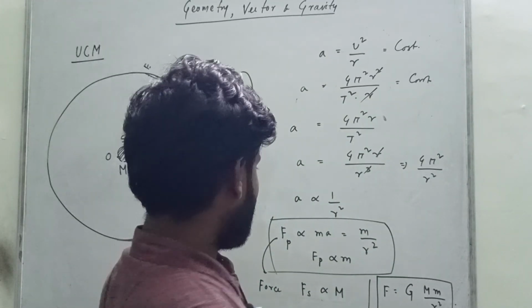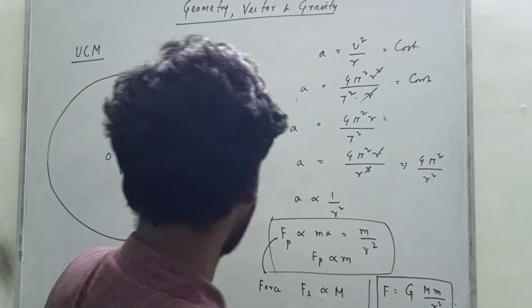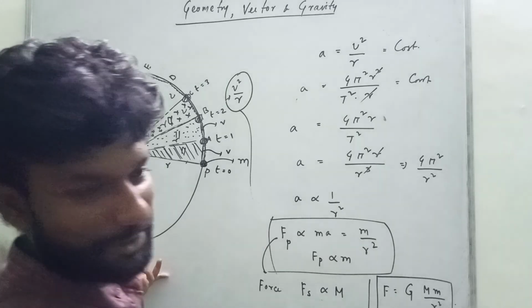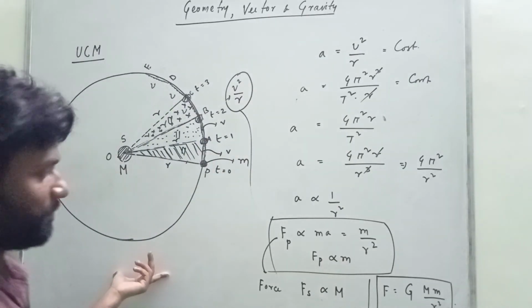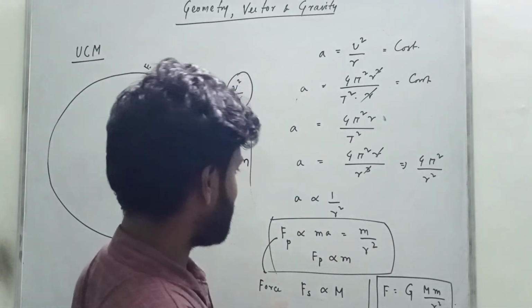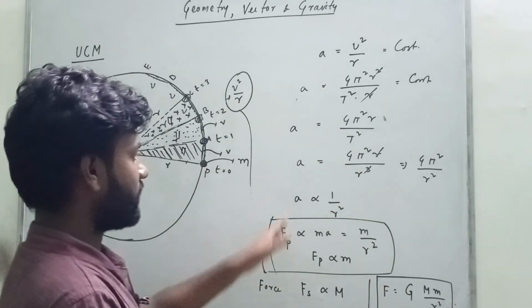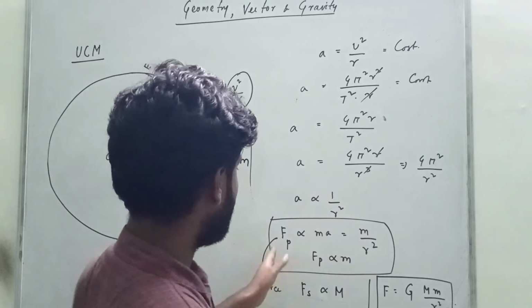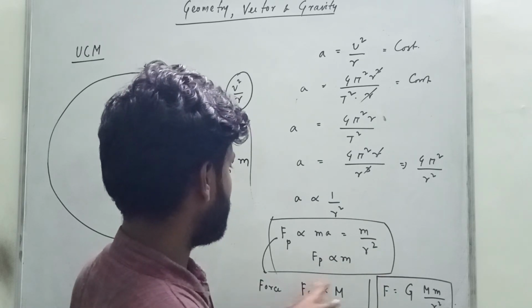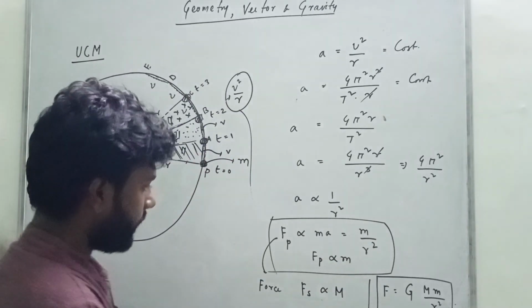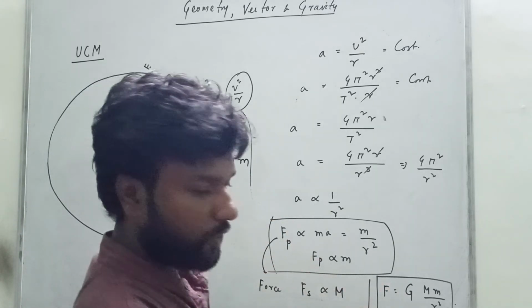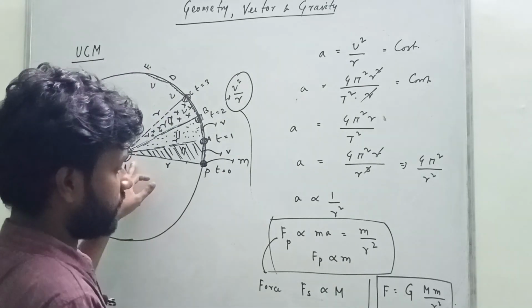So it is a very simple thing. The masterpiece there: T square proportional to r cube, right? And then everything else follows. If acceleration is proportional to 1 by r square, force is mass into acceleration, so Fp is proportional to m, and the force on the planet is exactly equal and opposite to the force on the sun.